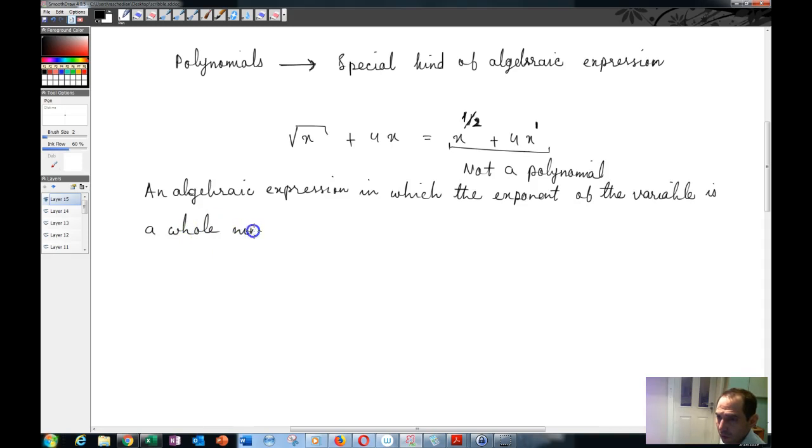And you know what whole numbers are: 0, 1, 2, 3, 4, all the way up to infinity. So basically a polynomial is an algebraic expression in which the exponent of the variable is a whole number.